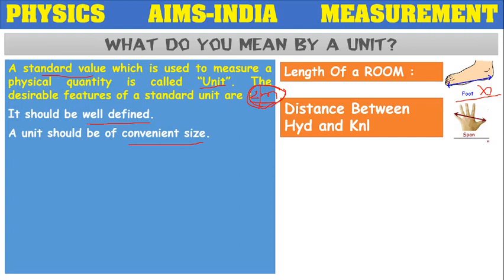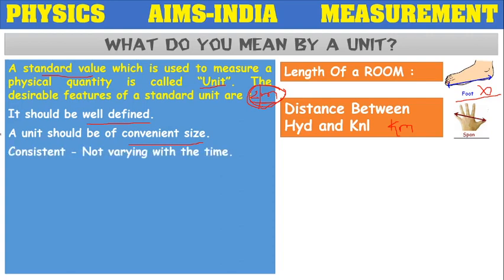It's highly impossible. So that's why they have taken a unit of kilometer. For measuring large distances, they have chosen a standard value like kilometer, so that we can measure the distance between Hyderabad and Kurnool easily. So whatever unit we are choosing, it should be of convenient size.